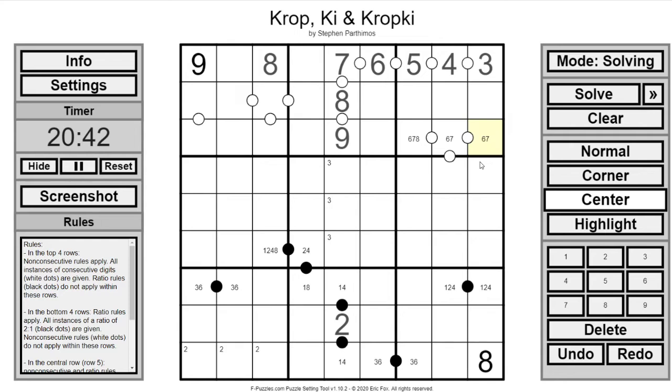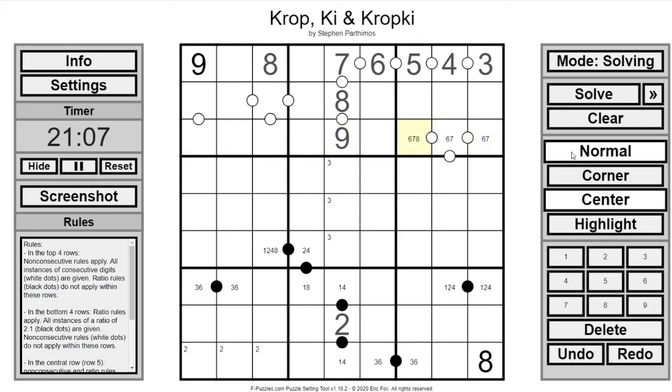And this space is the restricted one, because it can't be an 8. And there must be an 8 in this line. And an 8 in the middle would force a 9 and a 7, and that would clash.